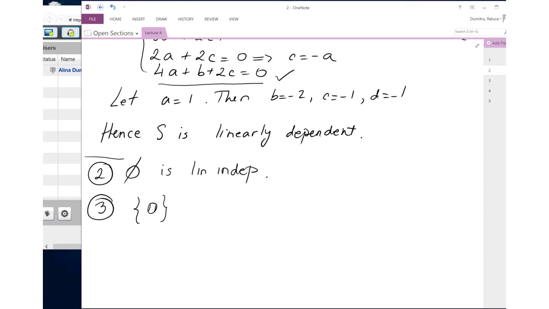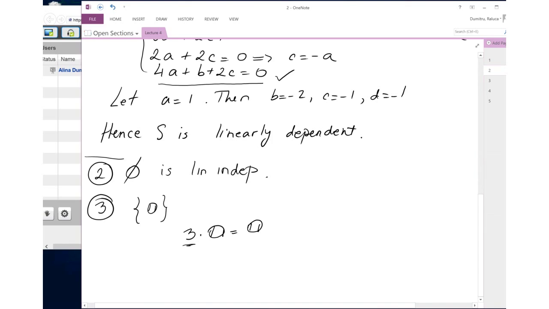I think independent. A linear combination of some vectors from my set, and I get the zero vector.